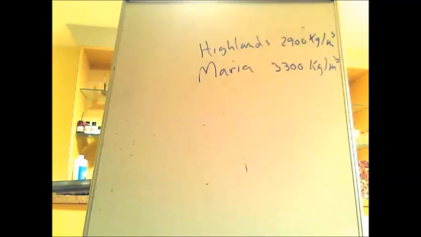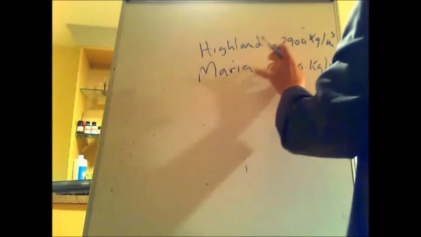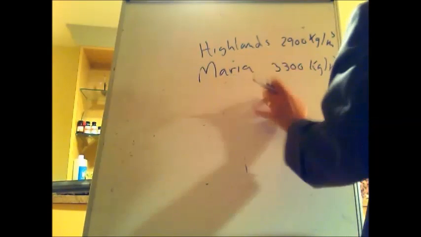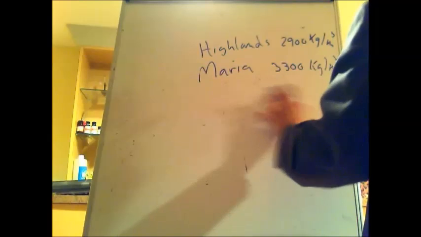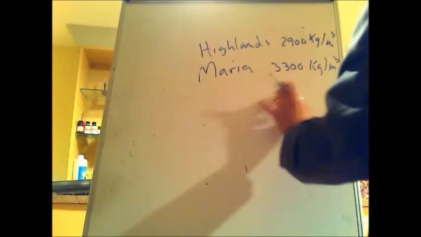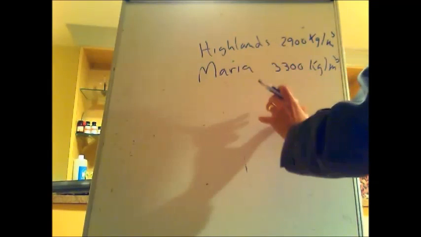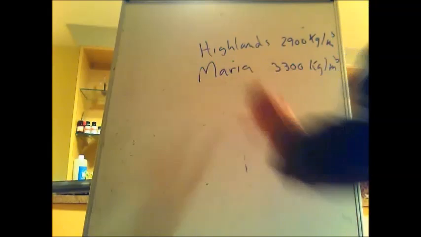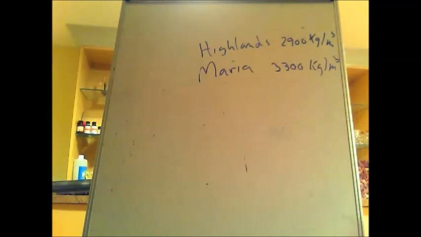That would also indicate that since this is less and that's just around the average value, there must be some other area that's somewhat more dense than that. So there may be even more iron-rich material, perhaps a small core of iron, we don't really know, at the center of the moon. But that is a possibility.